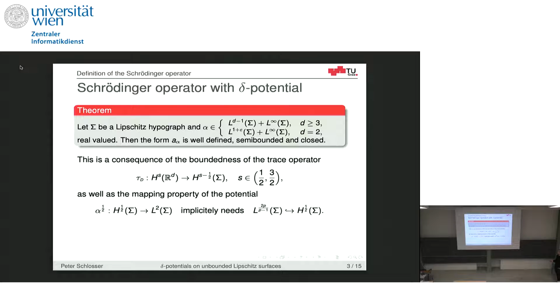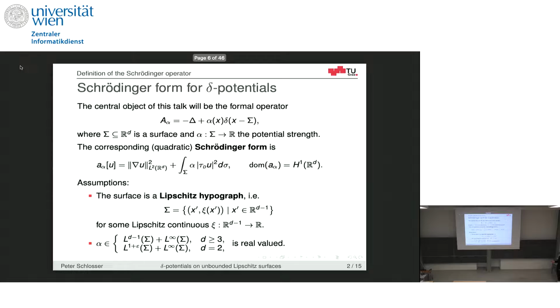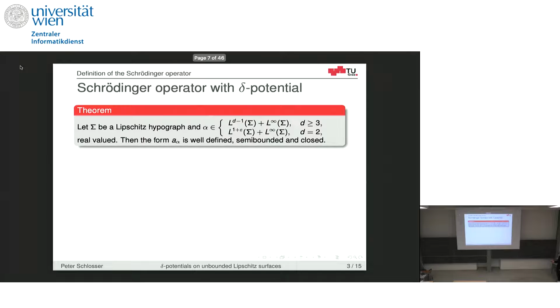And then the other ingredient we need, this is more the problematic part, is that it acts as the square root of this alpha. Why the square root? Square root because I have here the square, so I can attach one square root to the first trace and the second square root to the second trace.